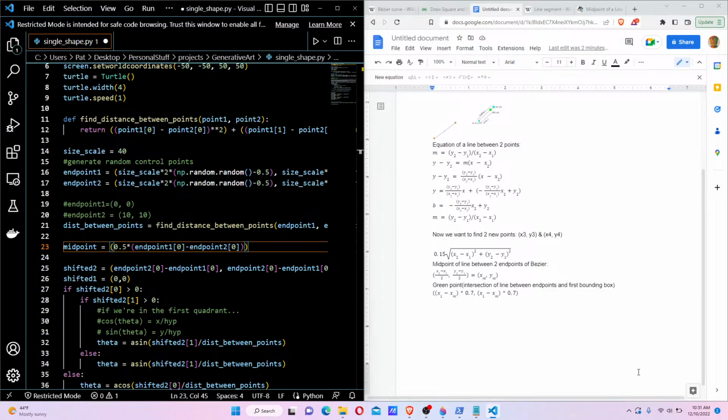Okay, so 0.5 times that, and then the other part of the tuple is just the same thing, but with the y elements.